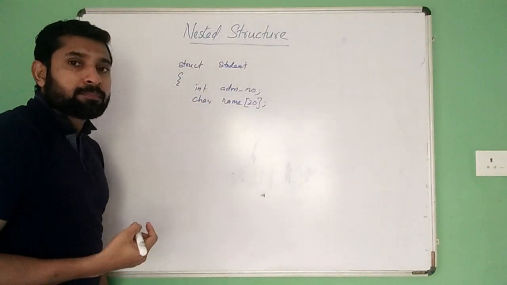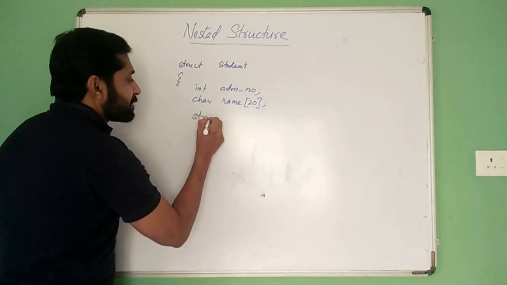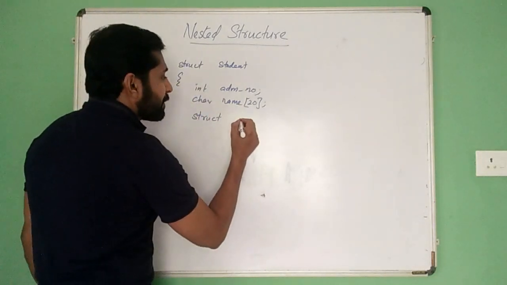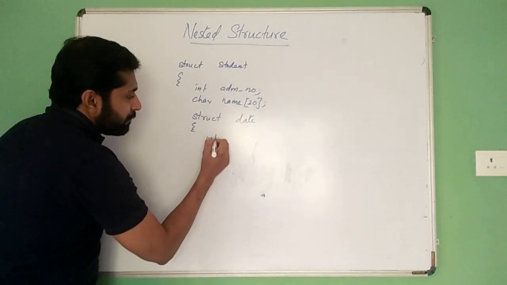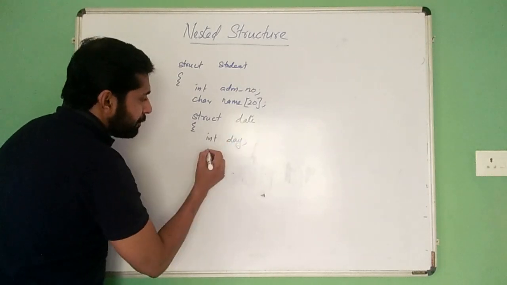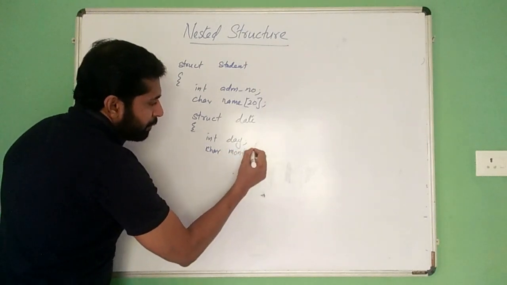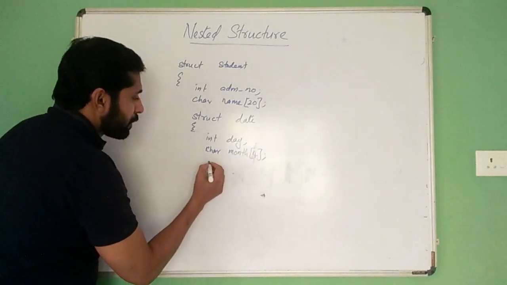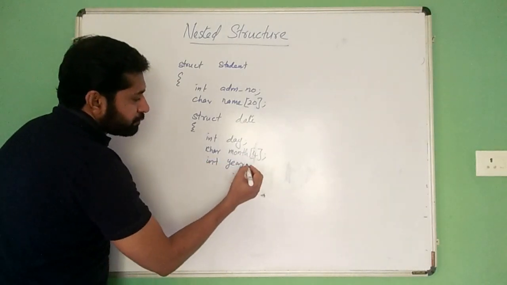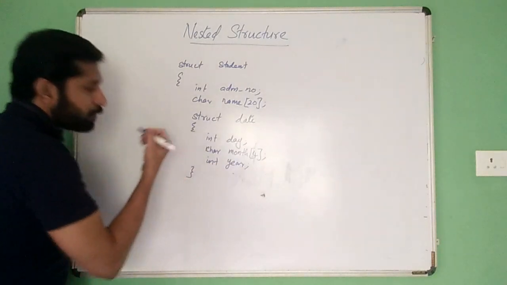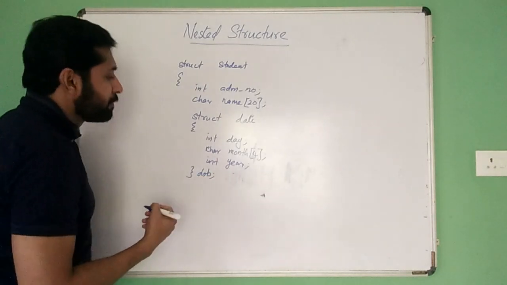Then comes our date of birth, so here we are writing struct date with int day, char month of 4, int year, closing the braces, and here we are writing this DOB.